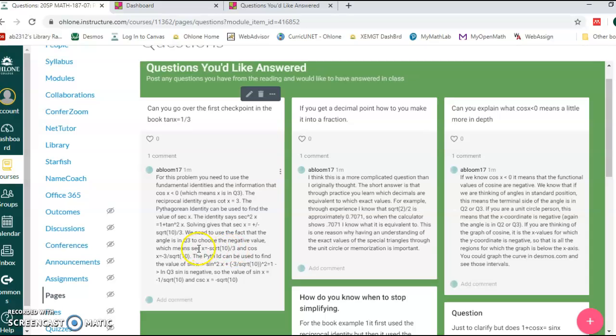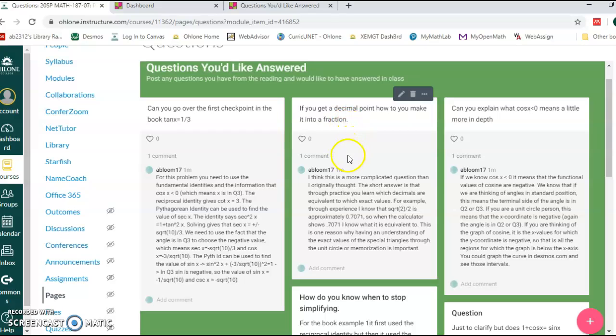So we can find the value of secant to be negative square root of 10 over 3, which means through the reciprocal identity that cosine is equal to negative 3 over the square root of 10. And then we can use the Pythagorean identity again with cosine to find sine, and then the reciprocal identity to find cosecant. So hopefully that makes sense. If it doesn't, let me know.